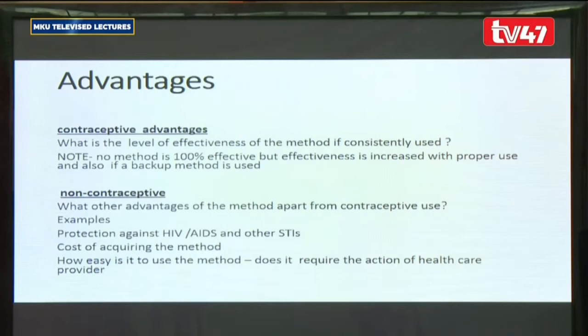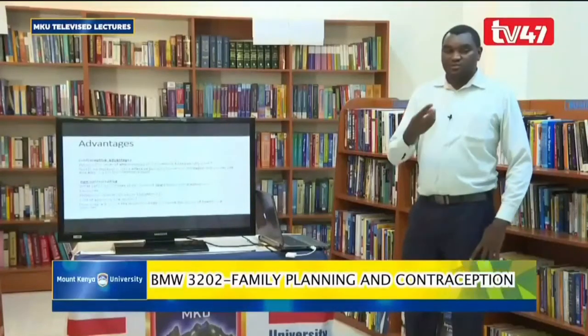The other one is how easy is it to use the method? Does the method require a healthcare worker to help you use that method? Some methods are very easy to use. Female condoms are very easy to use. Male condoms are very easy to use.